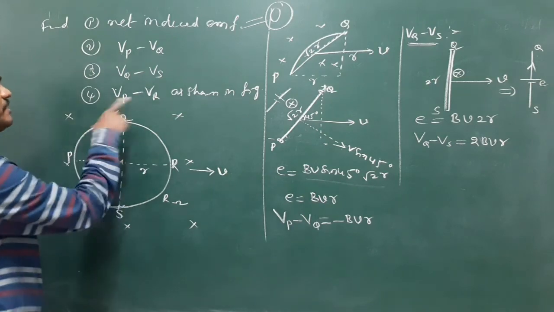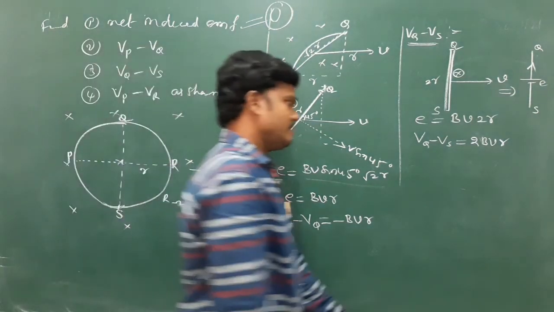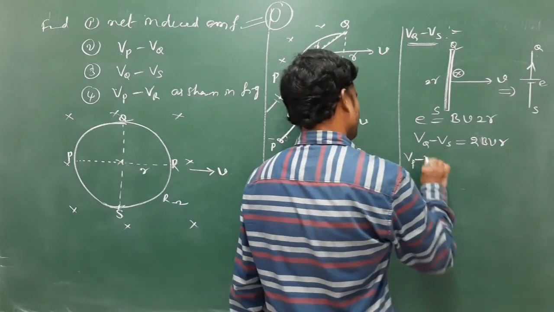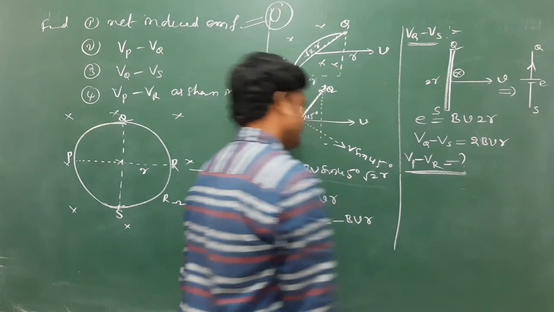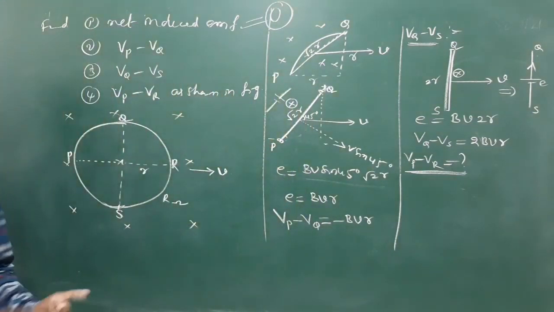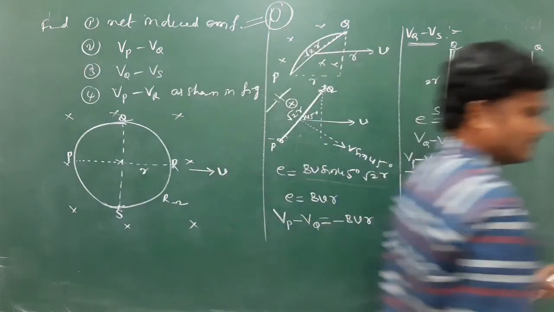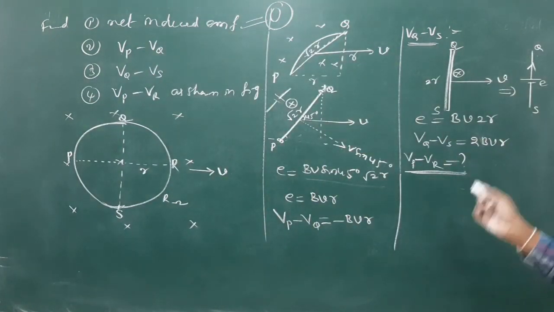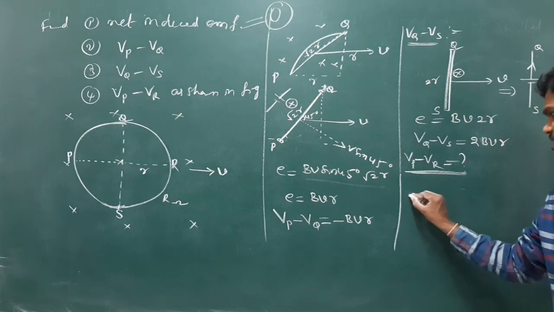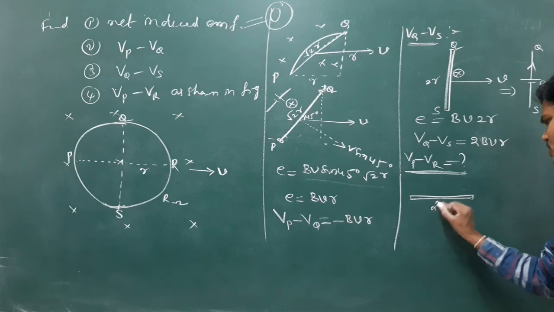Now coming to VP minus VR, try it fast. Replace that semicircular wire with a rod, as we just covered earlier. That is replaced with a rod whose length is very clear, that is 2R.